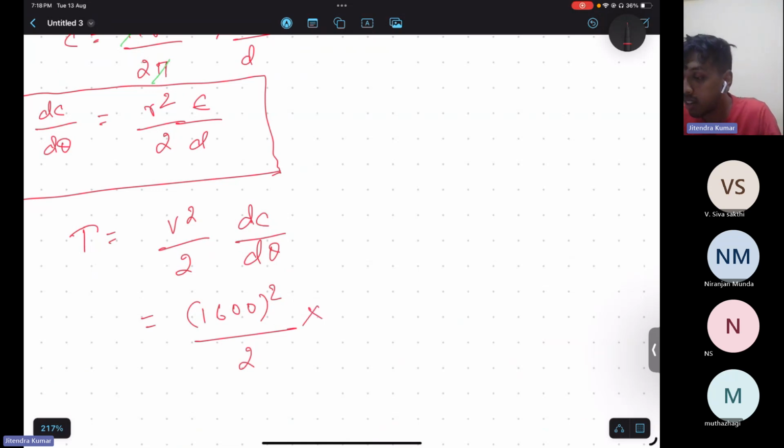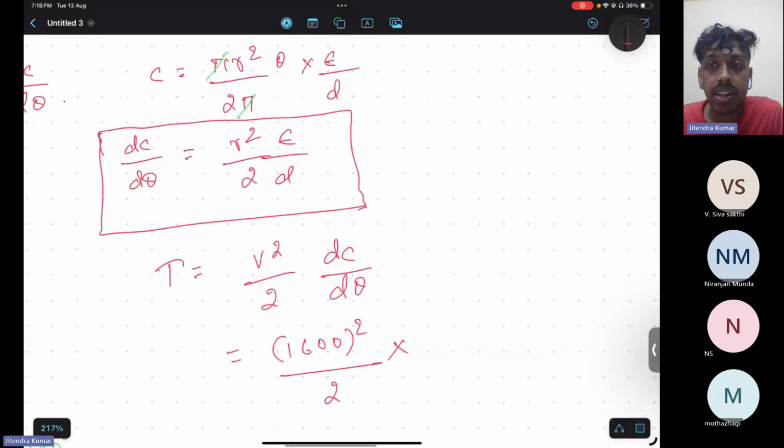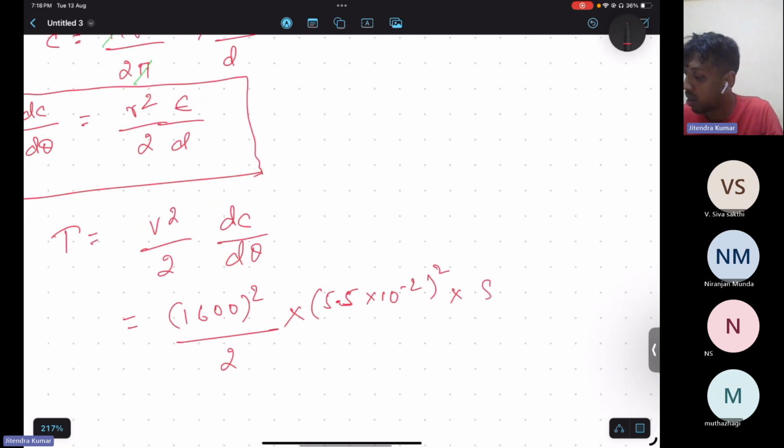So radius is how much? Radius of each plate is 5.5 centimeters. 5.5 into 10 raised to power minus 2 square. Epsilon 8.85 into 10 raised to power minus 12, divided by 2 into the distance between the parallel plates, which is also given, that is 7 mm.